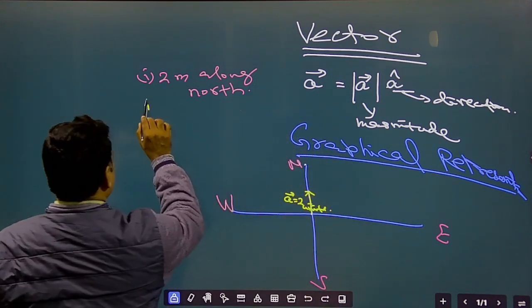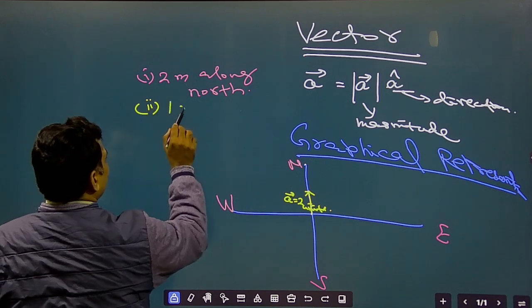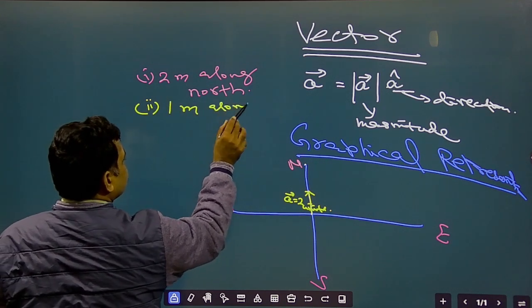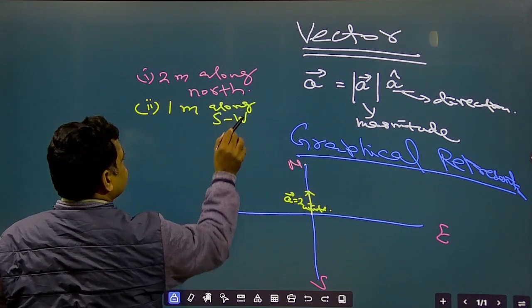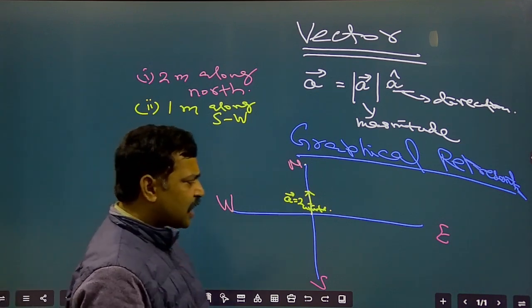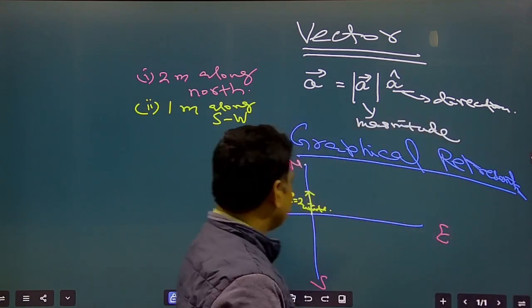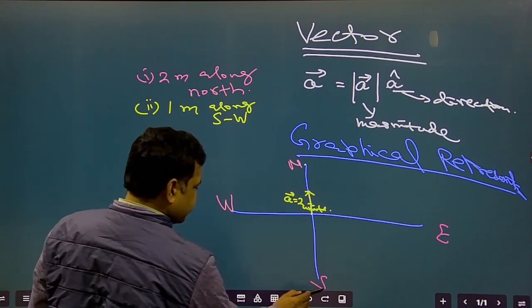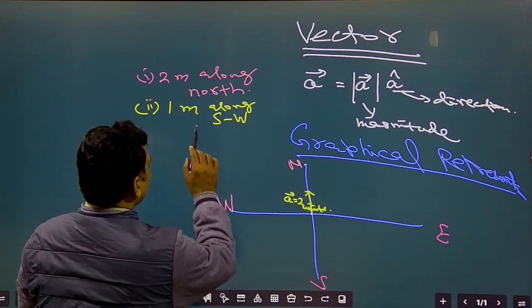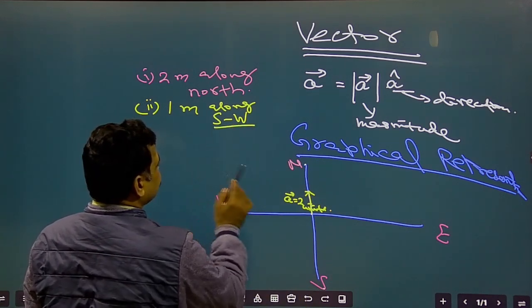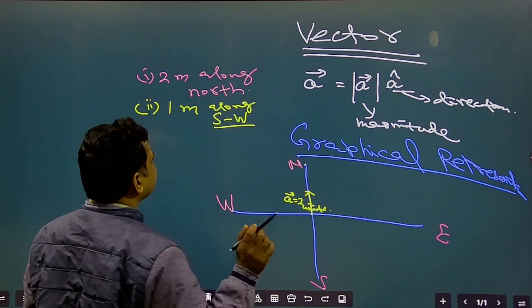Suppose another example. Suppose I write 1 meter along southwest direction. Now you see we have to consider the quadrant, southwest. What will be the southwest direction? This is south, this is west. The angle is not given, so that will be in between the southwest quadrant.